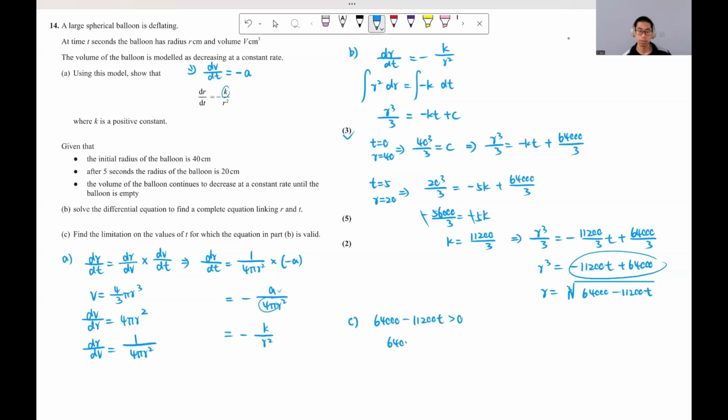Adding 11,200t to both sides, 64,000 is greater than 11,200t. Divide by 11,200 on both sides. So 64,000 divided by 11,200 gives us 40 over 7. That means t has to be more than 0 and less than 40 over 7. That will be the final answer.